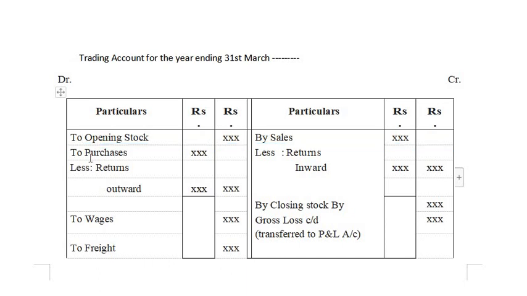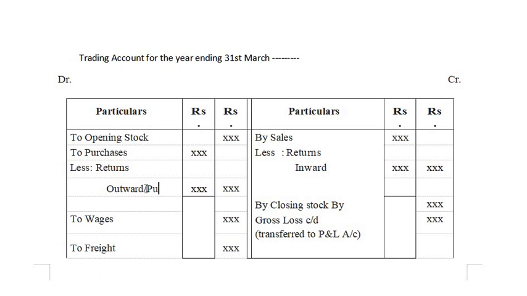Then the next important mandatory information is purchase. You have to see whether any purchase return or return outward is given in the question. If it's given, you have to subtract it from the purchase and write the result in the inner column. For example, the purchase in the question is given as 5 lakh rupees and the return outward, or purchase return, is given as 50,000.